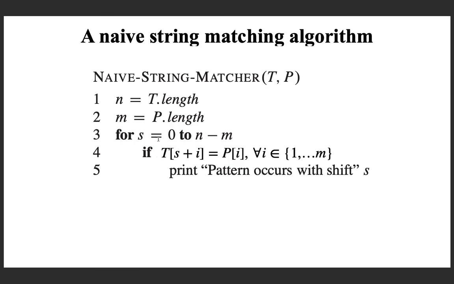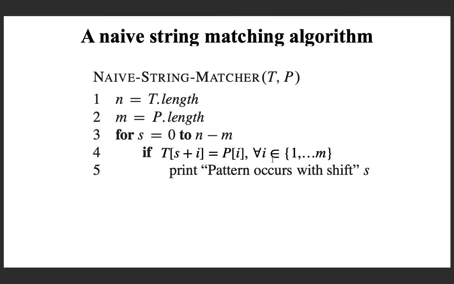And so you can easily see that the valid shift values vary from 0 to n minus m, because if you look at n minus m plus 1, the next value, you will not get a valid shift, which you can prove. So what you are doing, for every possible value of shift, you are checking whether the taken value of s is a shift or not.